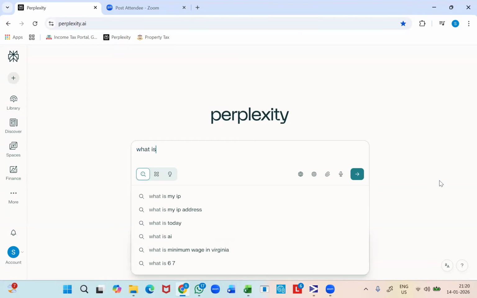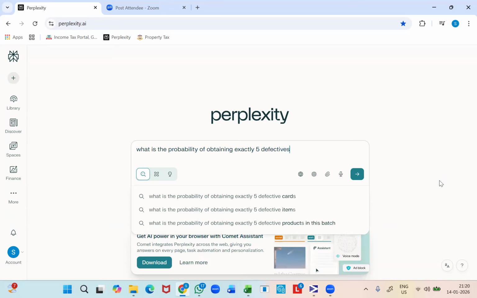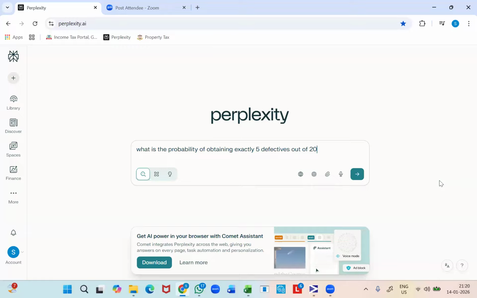I will present the first scenario. What is the probability of obtaining exactly 5 defectives out of 200 samples given the historical defective rate as 3%.